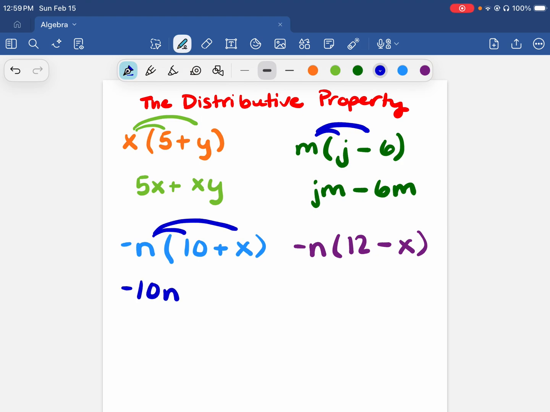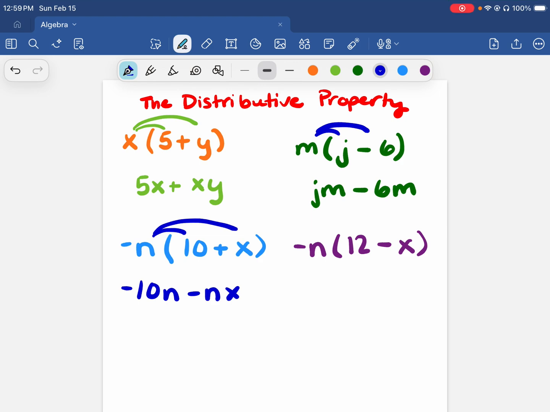Negative n times a positive 10 is a negative number. I usually put my constant or my coefficient first, negative 10 times n times x, or negative nx. Those two things cannot be really combined because they're not like terms. One is n and the other is a different variable of x.